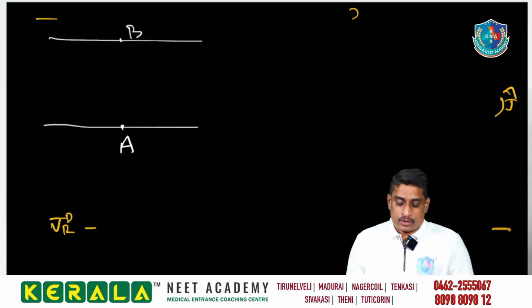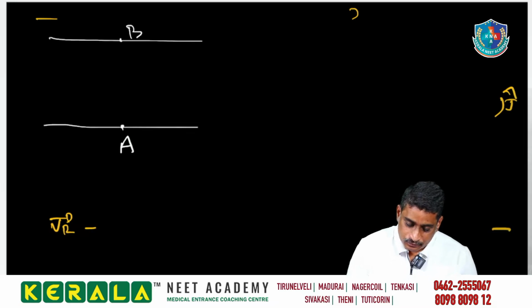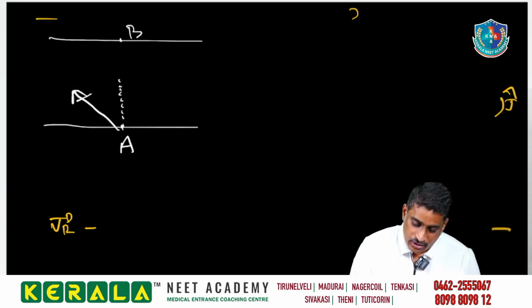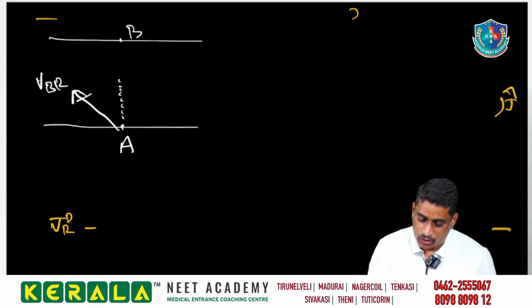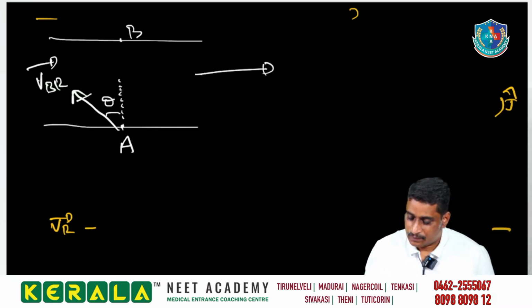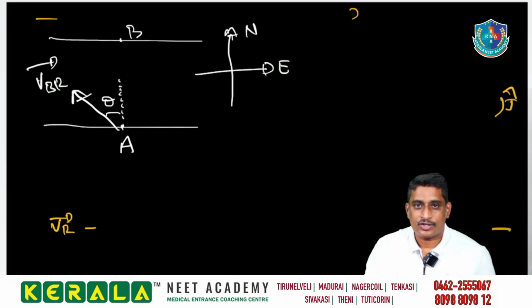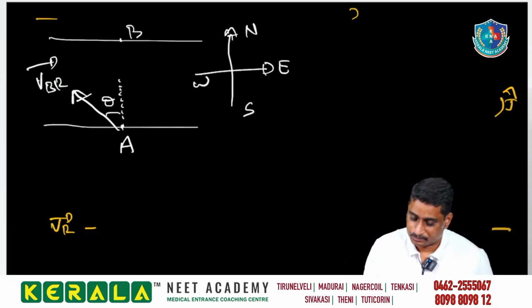This representation of angles is very important. This is the velocity of the boat with respect to the river, as we defined. This is the angle theta. Some directions you can visualize like this also: east, west, north and south directions.